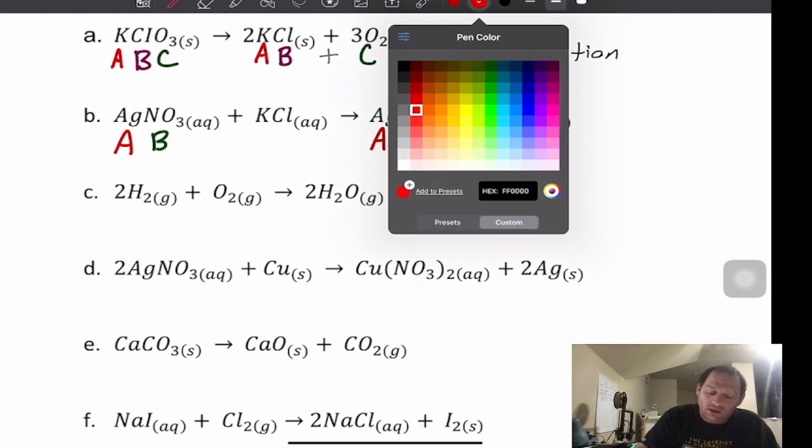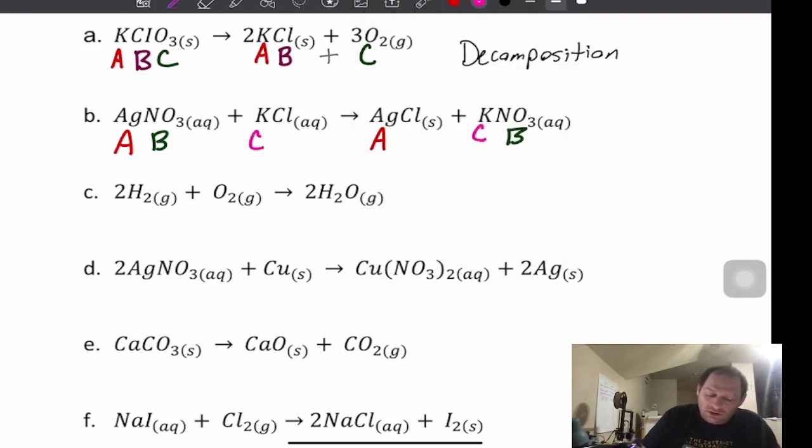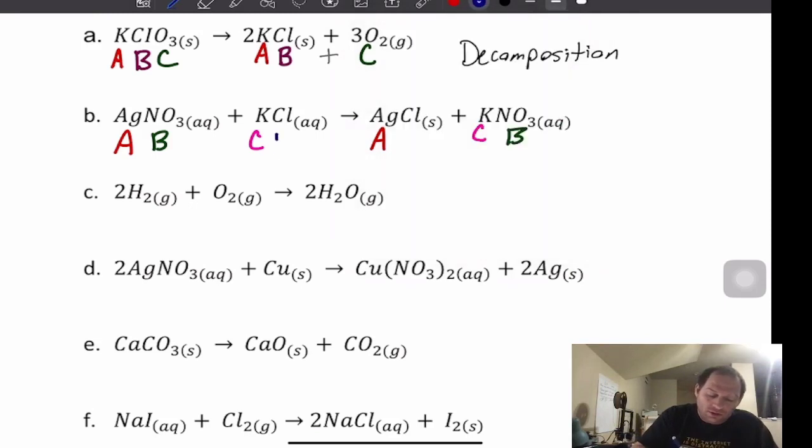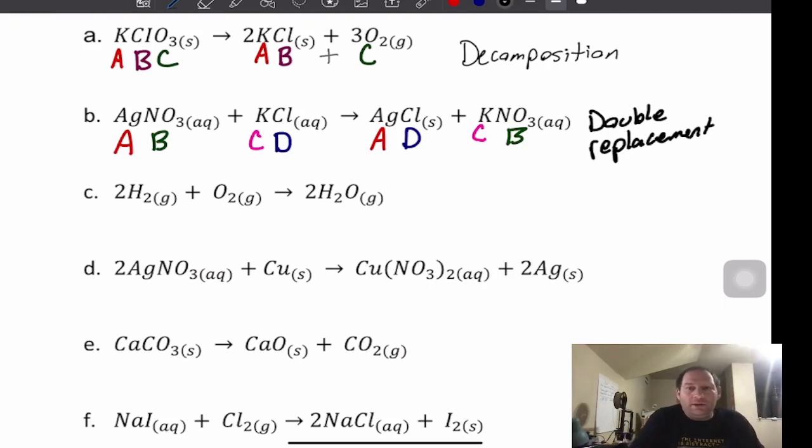That's going to be a C and a C. Last one's chlorine, and I'll pick another color here, D and a D. So A, B were together, now they're split apart. C and D were together, they split apart. It happened twice. So this would be a double replacement.